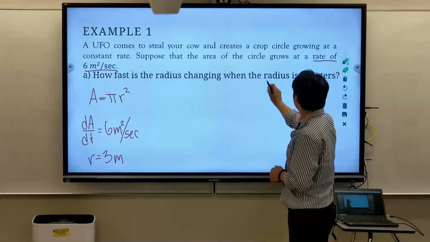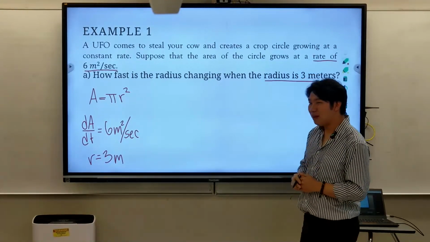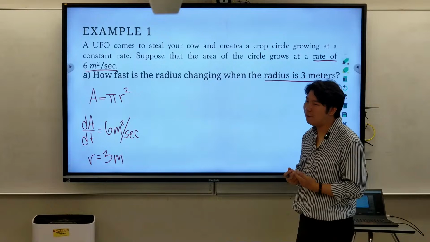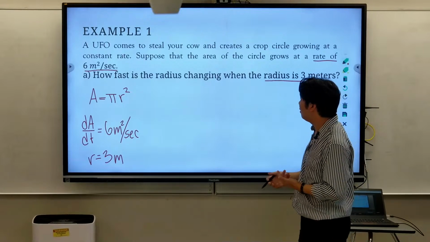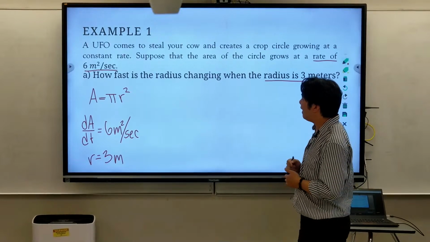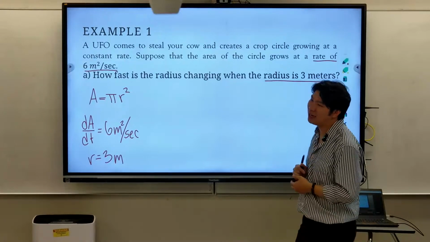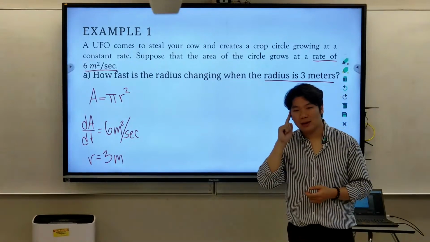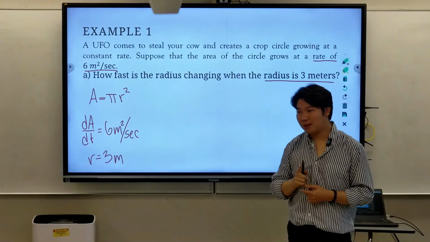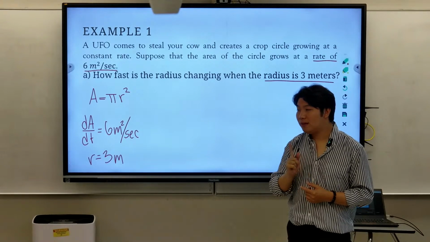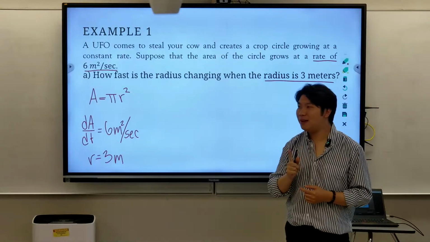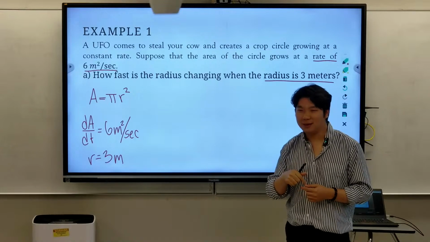One big question is, what am I even trying to solve for variable-wise? Well, I'm asking, how fast is the radius changing? In other words, it's not really a trick question. Well, it might be depending on how you're thinking about how I'm saying it.